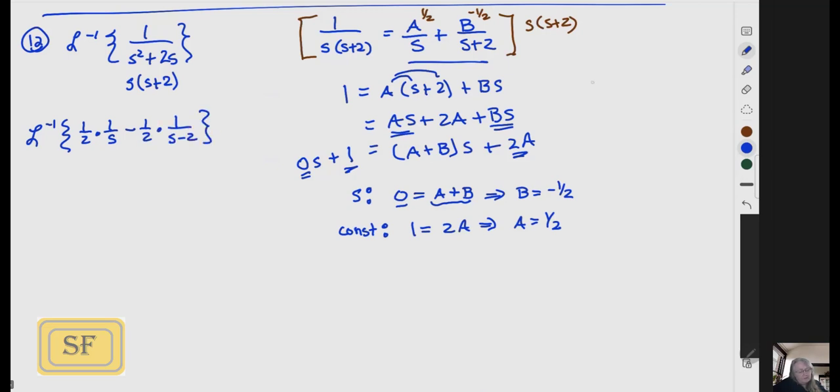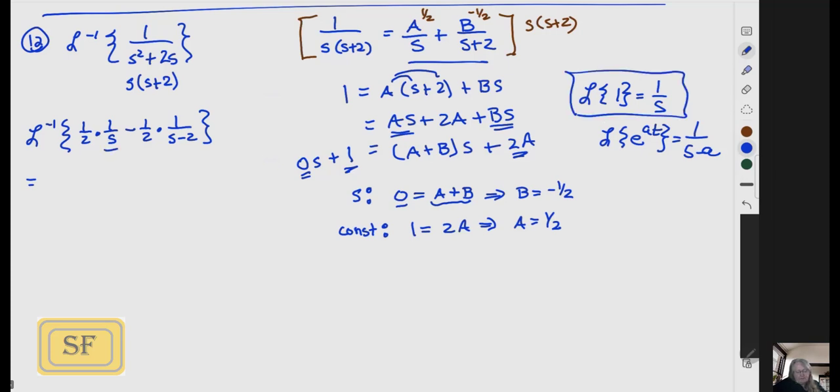And the transforms that we'll use: the transform of 1 is 1 over s. The transform of e to the at is 1 over s minus a. On this first one, I have the inverse transform of 1 over s.